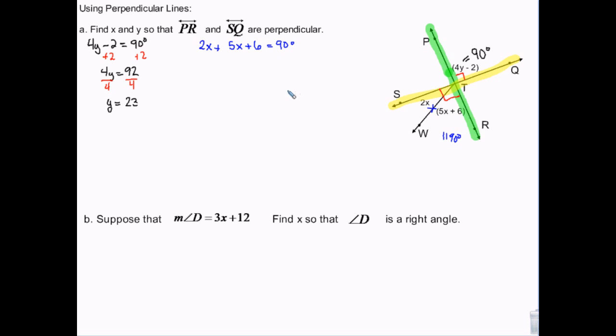Any questions at all on that? Okay. So 7x plus 6 is equal to 90. Subtract 6 from both sides. So 7x is equal to 84. Divide by 7, and you get that x has to be 12.